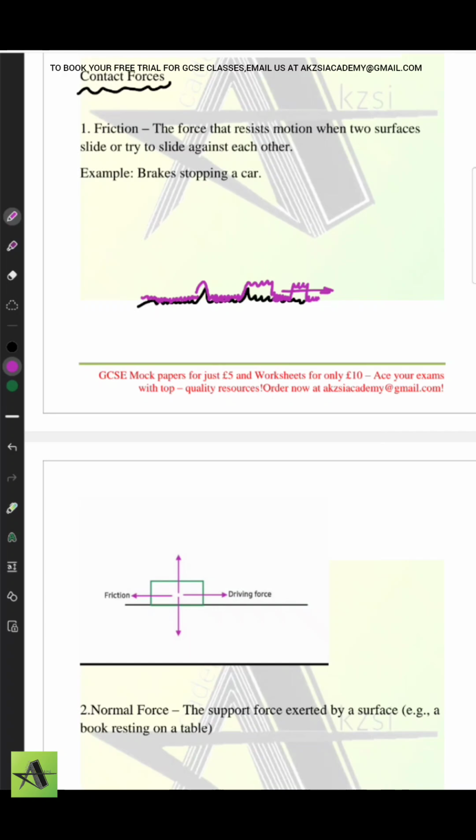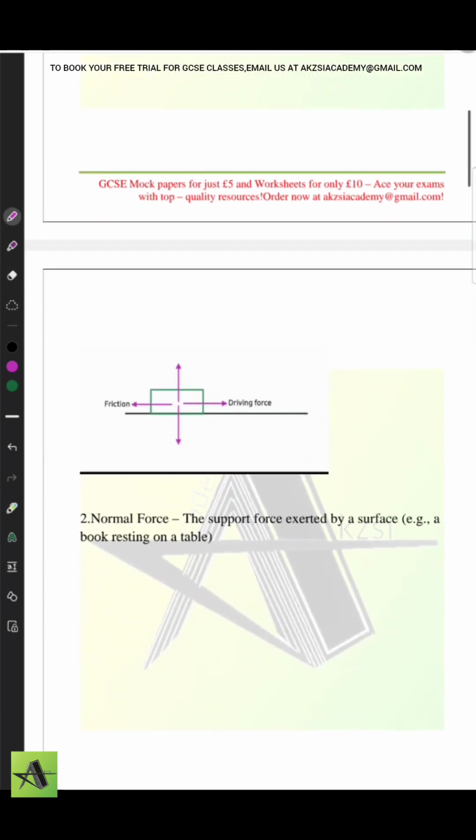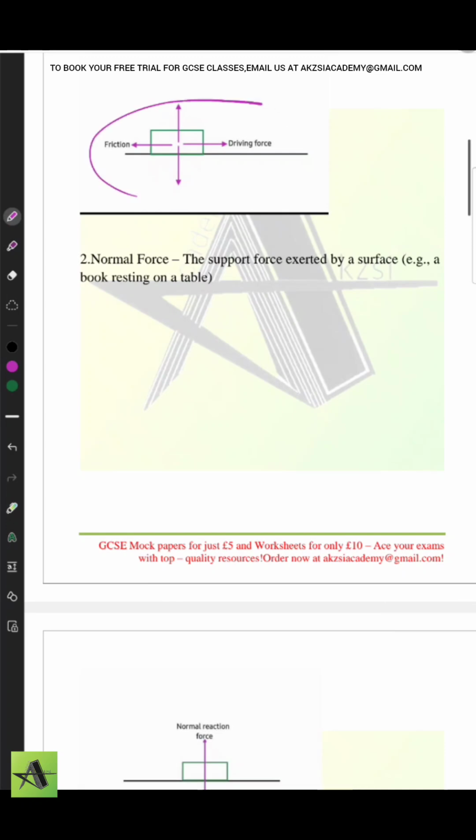That's why on slippery and smooth surfaces you can easily slide, whereas on a rough surface it's harder to move. So this is about the friction force. In the diagram you can see the driving force in a forward direction, and the friction is opposing its motion.